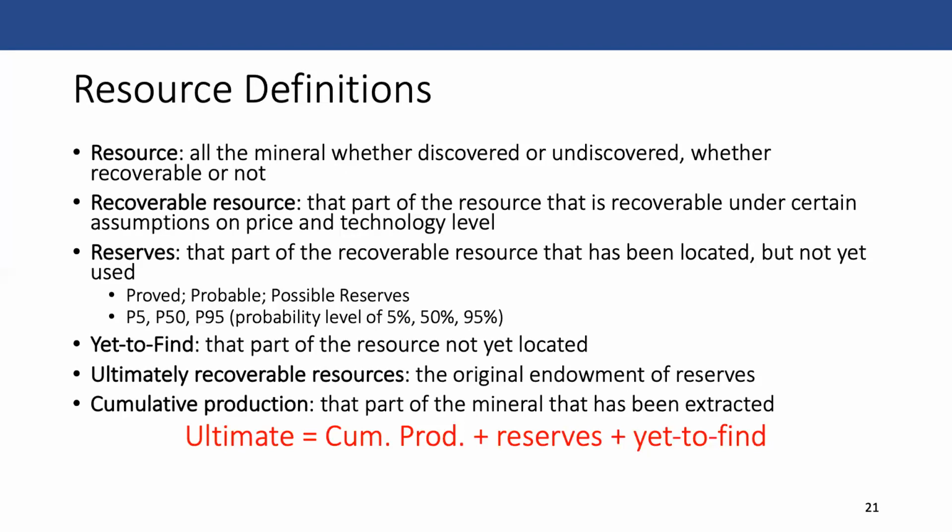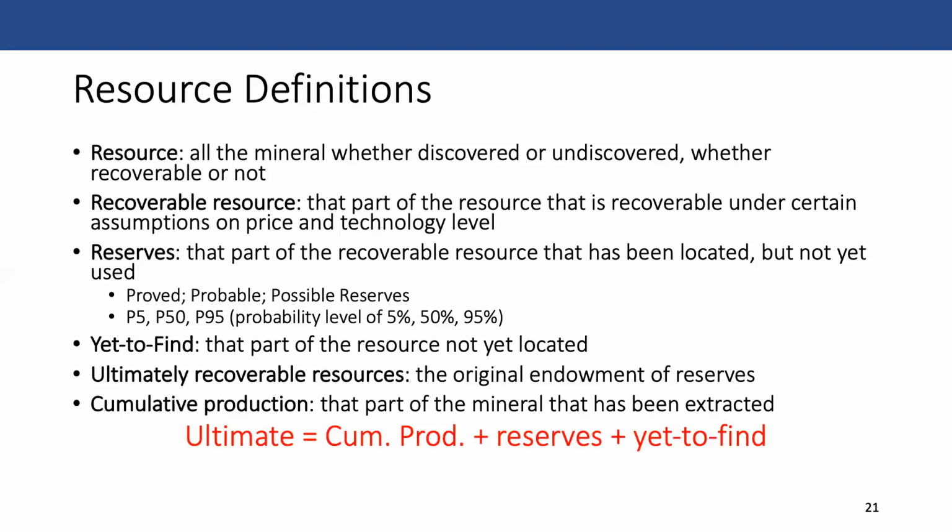You have the yet to find, which are the part of the resource that basically isn't located yet. And then you have the ultimately recoverable resources, which is the original endowment reserves.